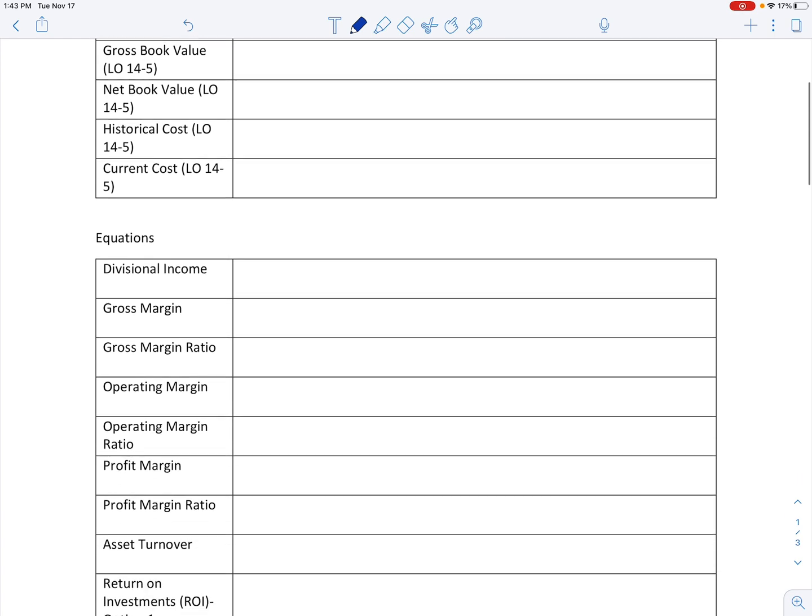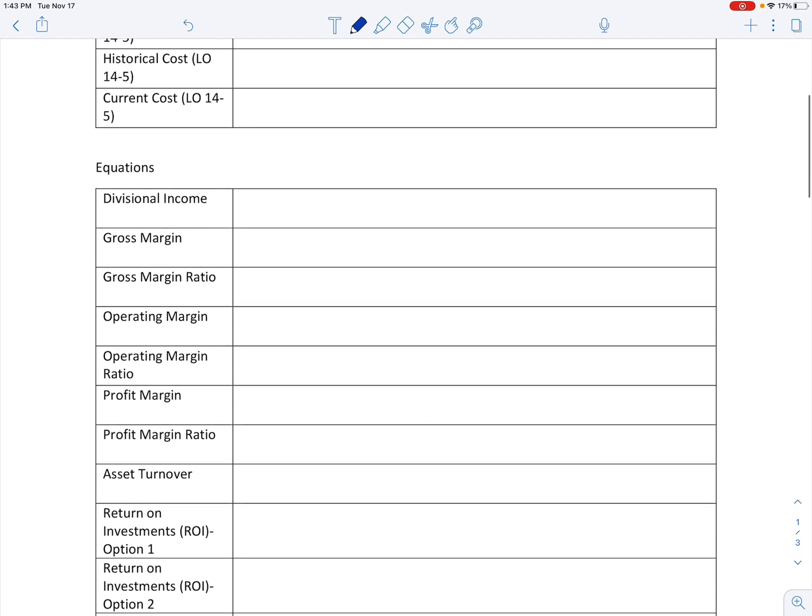equations in this chapter. So one thing I want you to do is note the gross margin, operating margin, and profit margin. Again, these equations are not spelled out for you in this chapter, but take a look at your income statement and just develop and write down here, how do I get to that gross margin?